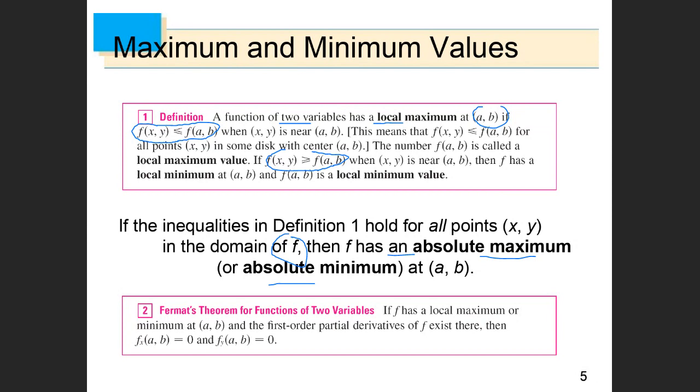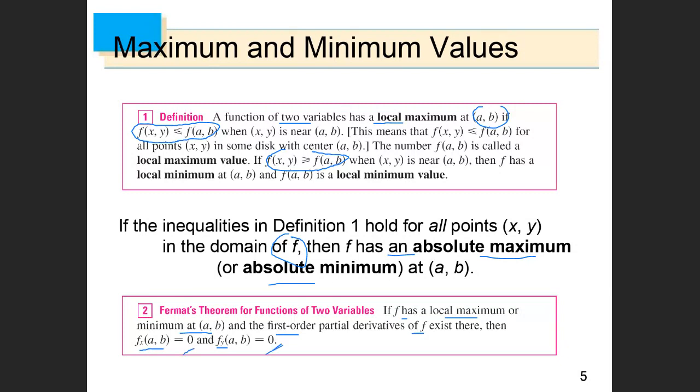Now, let's see Fermat's theorem for functions of two variables. In fact, Fermat was a famous French mathematician. He said that if f has a local maximum or minimum at (a, b), and the first order partial derivatives of f exist there, then f_x(a, b) and f_y(a, b), which are the first partial derivatives of f at our point (a, b), should be equal to 0.